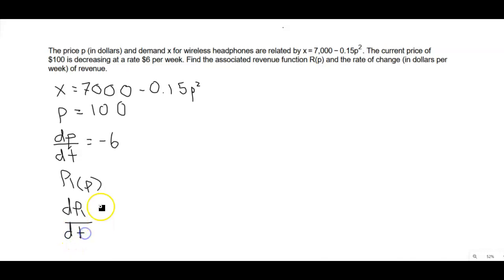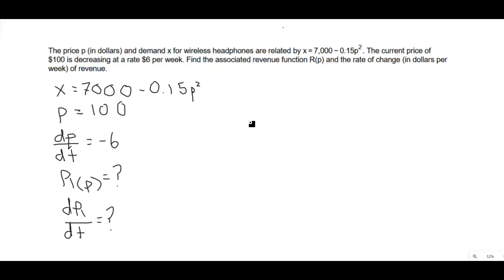Okay, so unlike the other examples that we've looked at, we have really two unknowns here. So let's see if we can figure out one of these. Well, what is revenue? Let's think about that as the total money that we earn from selling products, in this case, headphones.